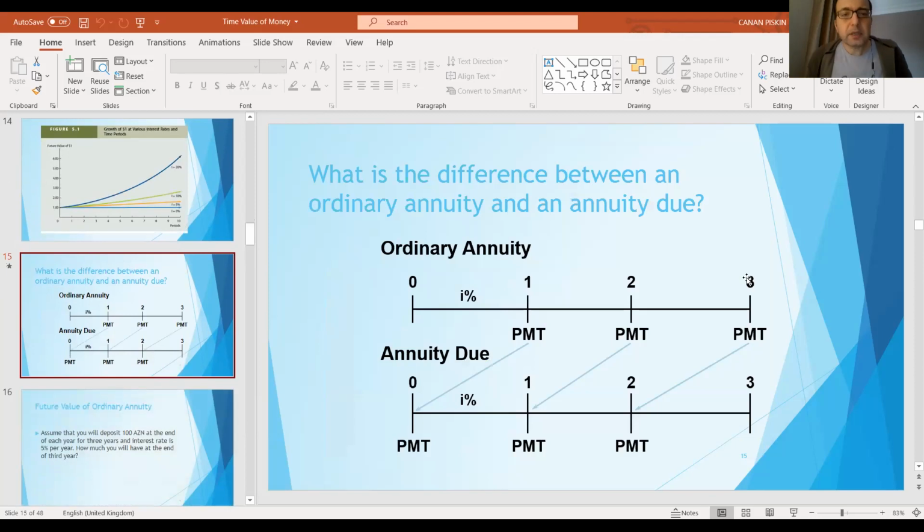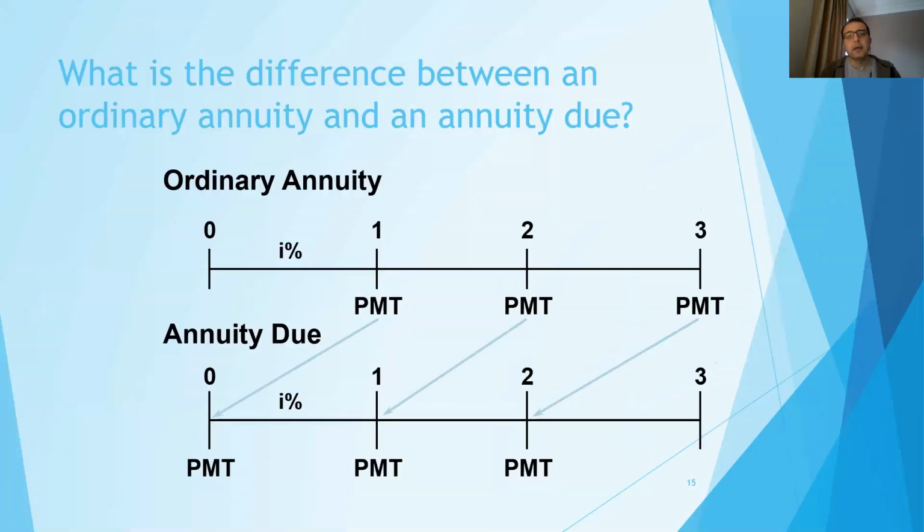Right, so this is the cash flow of an annuity. You will have the same amount of payment every year, let's say.